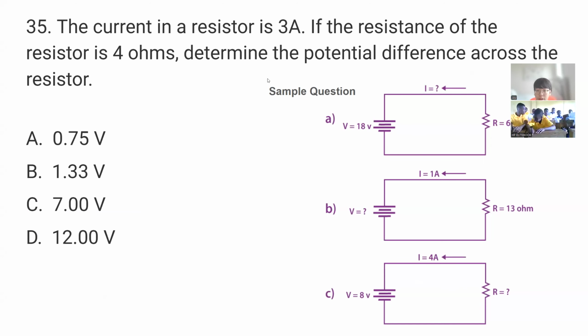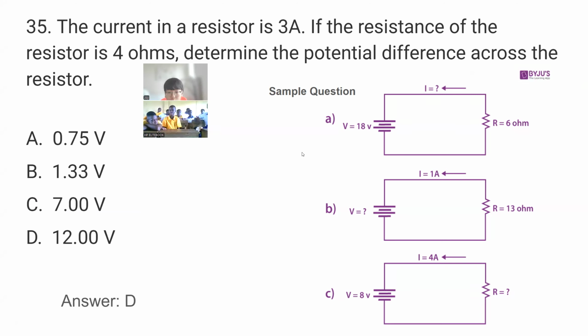It asks us to determine the potential difference. We know potential difference is the voltage, and we can find from Ohm's law that voltage V equals IR. I is 3, R is 4. So if you multiply them, we get 12 volt.